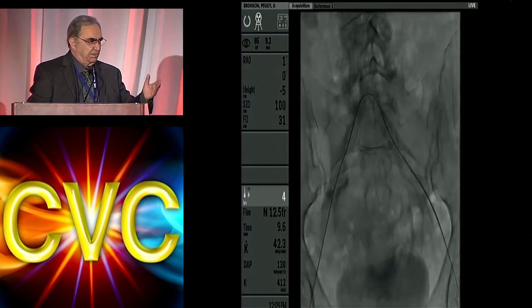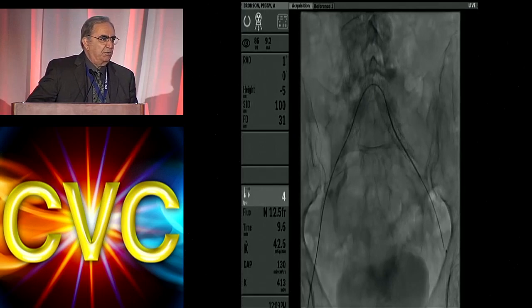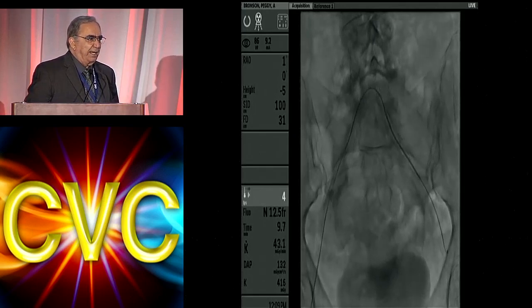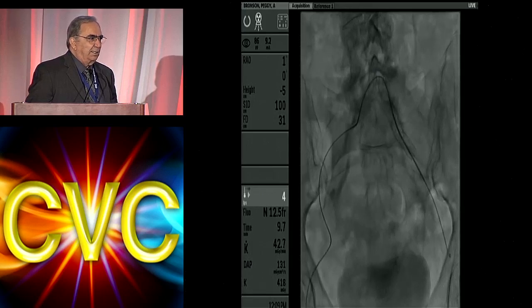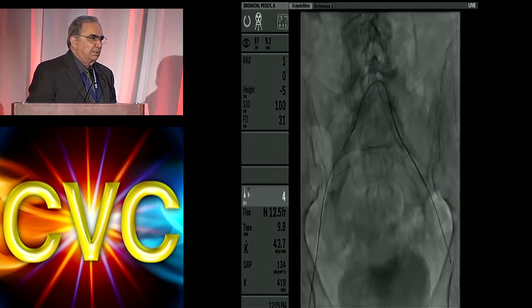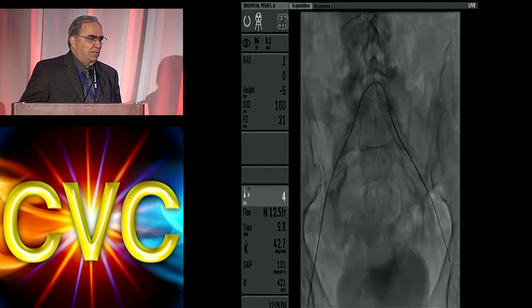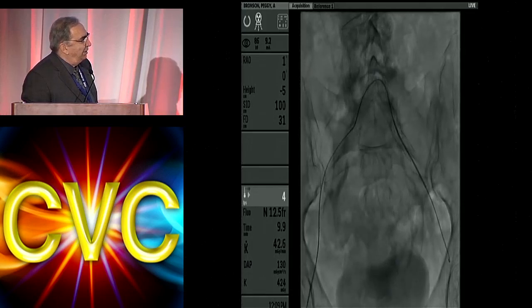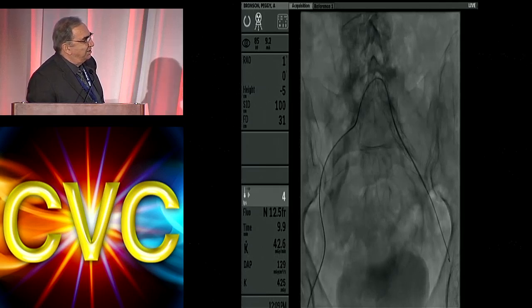If you look at this, I'm moving that, and it moves the entire aorta and iliac arteries. Now, the question is, what to do now? Peter, do you have any idea? Oh, Peter is not here.